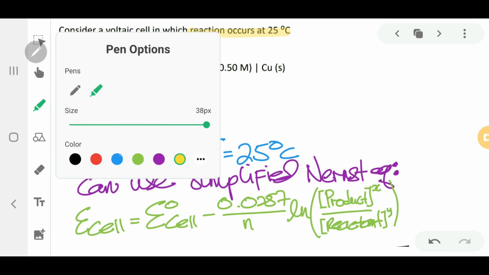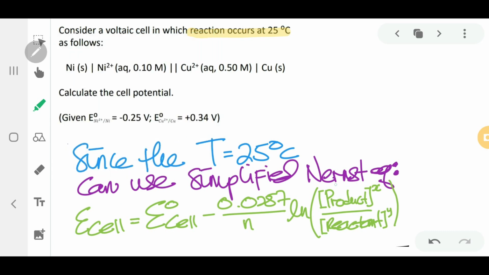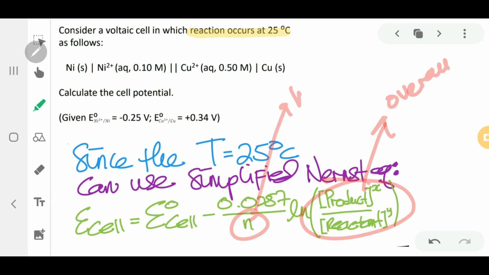Therefore, we can say that the part over here we will get from the overall reaction, and n over there you will get from the half reaction.